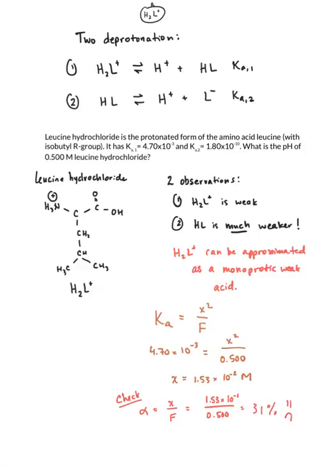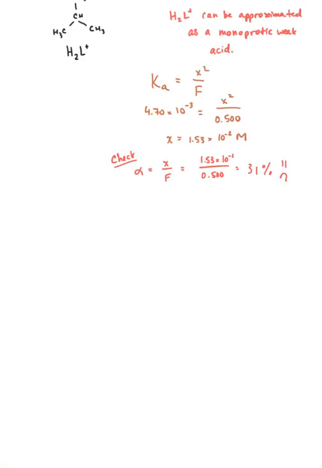Oh no. So this result means that we have to solve the quadratic equation explicitly in figuring out the molar concentration of H plus cations. At equilibrium, we have to add in the extra factor of F minus X to our expression from above. In solving the quadratic equation, we come up with this formula.